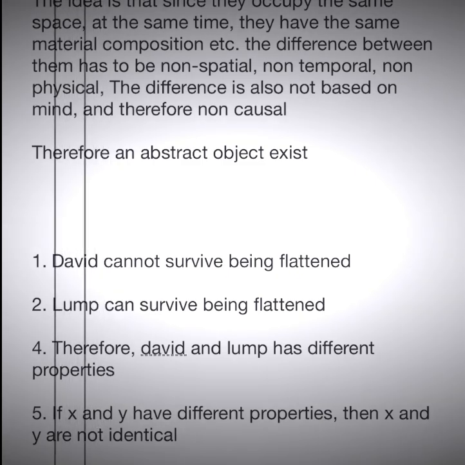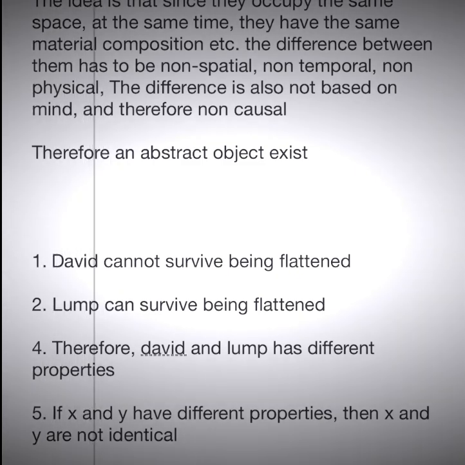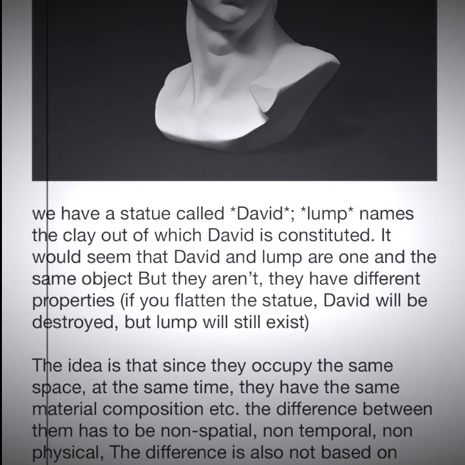The conclusion is that David and Lump aren't identical to each other. But this has severe consequences, because if they aren't identical, what is the difference?